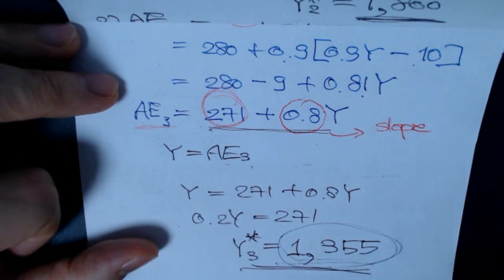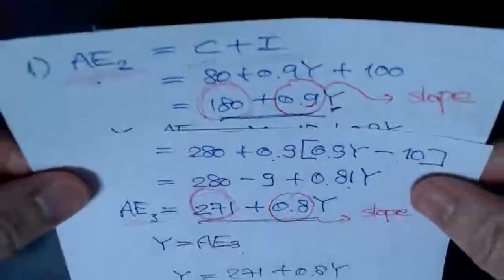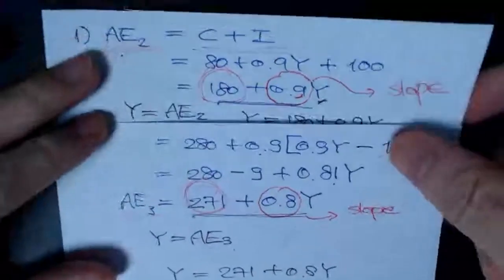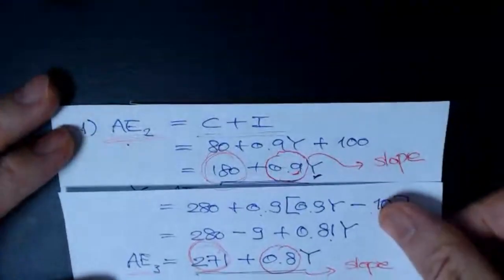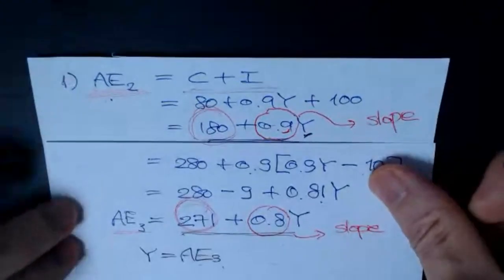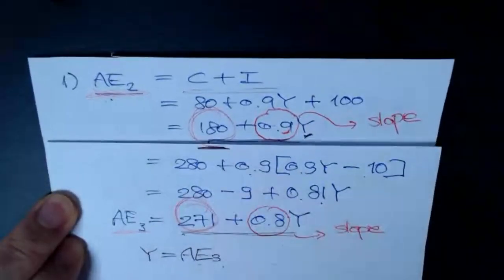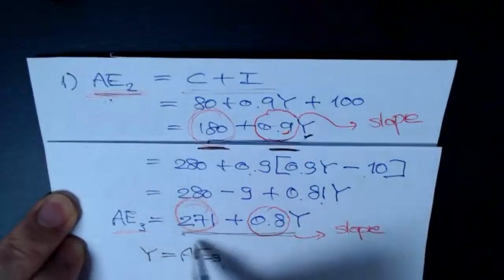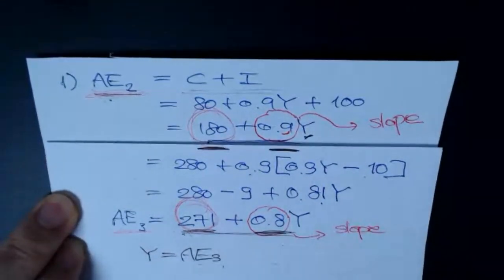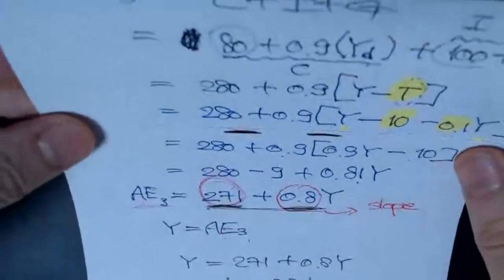So let's check now. The important thing we have to do is this: the meaning of changes in intercept and changes in slope. If you don't follow this calculation, it's still okay.